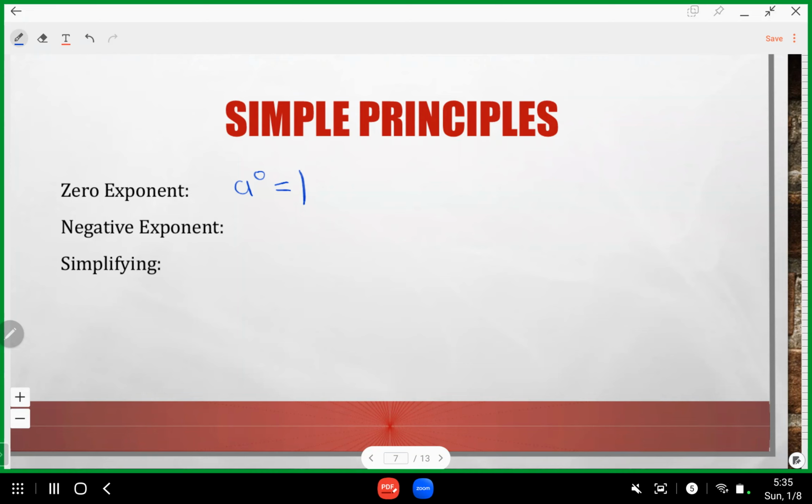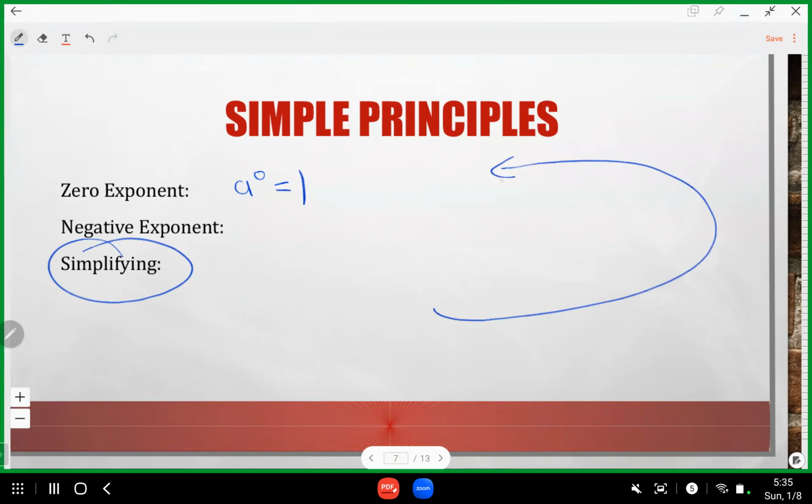But I'll come back after we know this and explain why this is true. And this is very nice because after we learn about negative exponents and simplifying, we'll actually be able to prove why anything to the 0th power is going to be equal to 1. So let's look at negative exponents real quick before we come back to the 0 exponent.